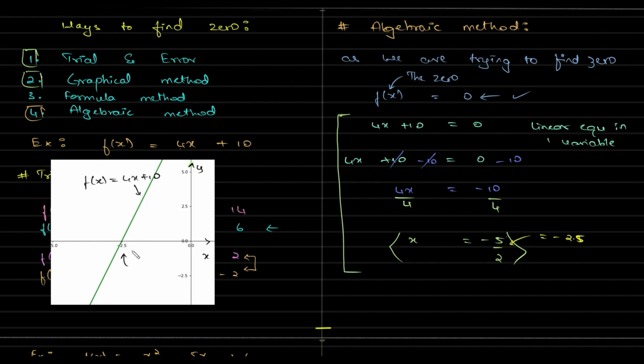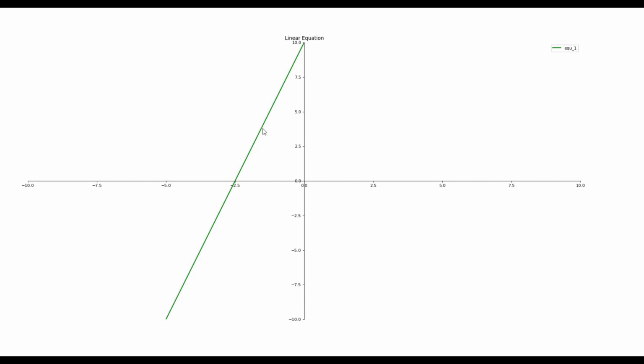That's it. The rest of the values are non-zero values. All of these output values are not zeros. This is the output which has 0, because it's on the x-axis. Makes sense?